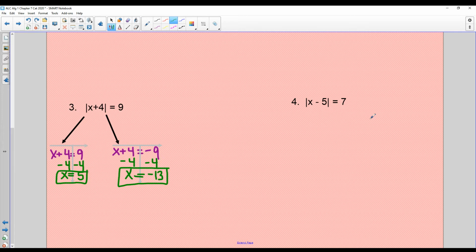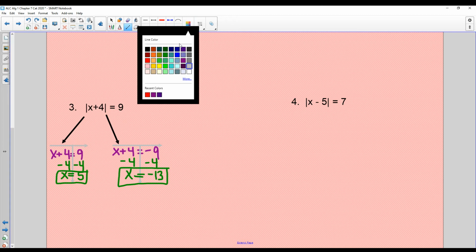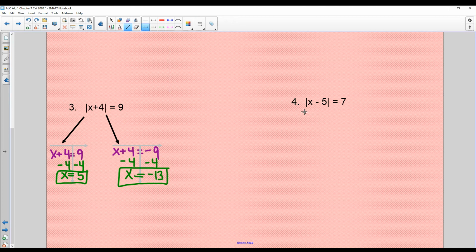All right, 1 to go here. All right, notice again, the x has a buddy inside. It's not working alone. So we are going to stretch those bars out in the 2 directions, because in general, absolute values have up to 2 answers. You're going to rewrite that.